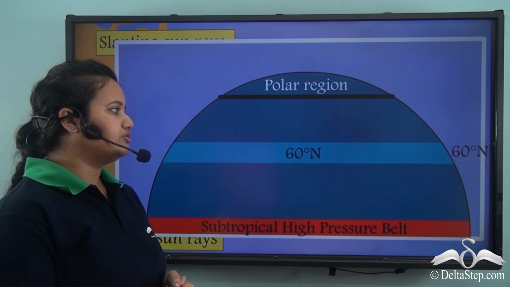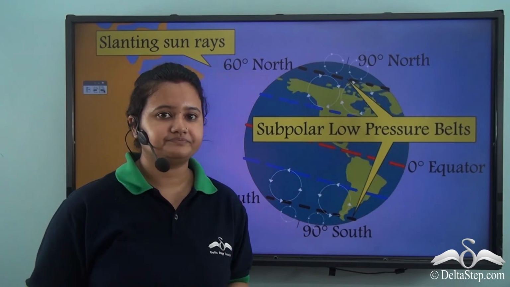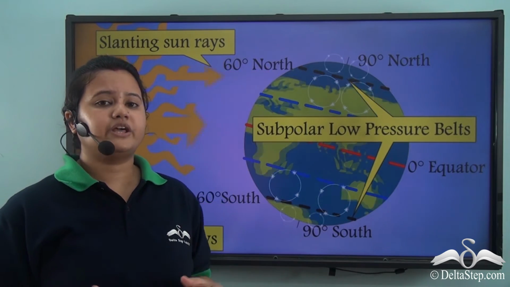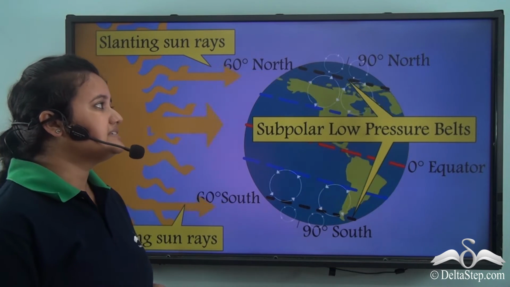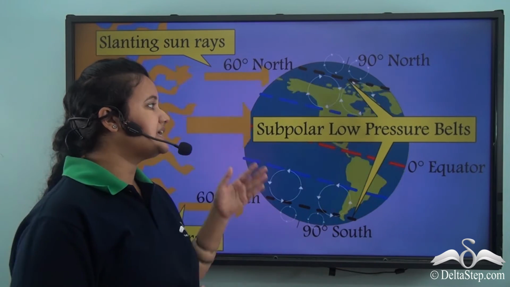As a result of this, a low pressure region exists in this zone. This low pressure zone found at 60 degree north and south of the equator is also known as subpolar low pressure belt.